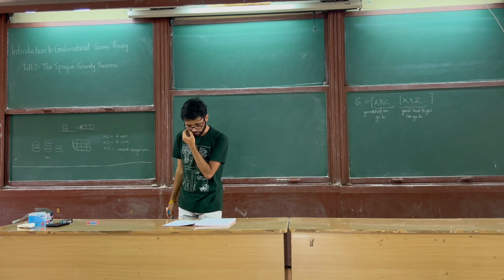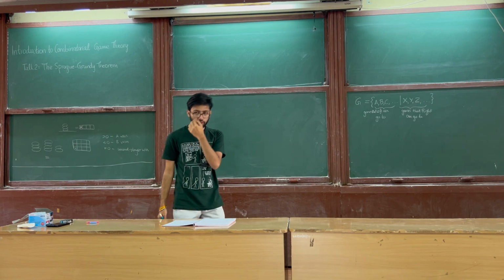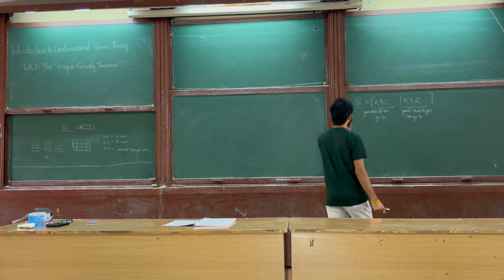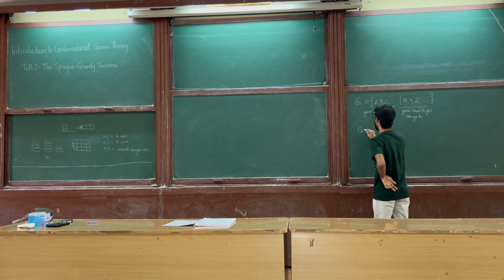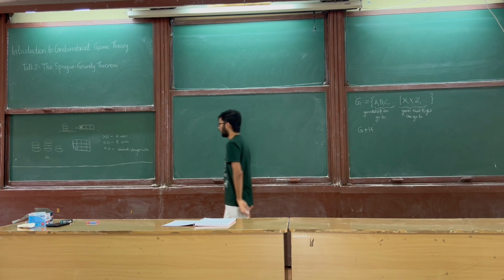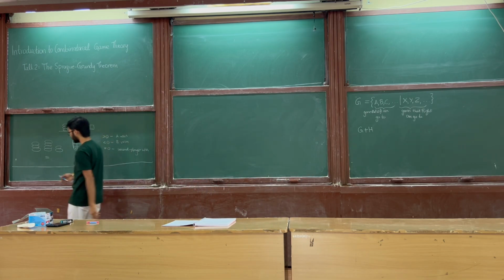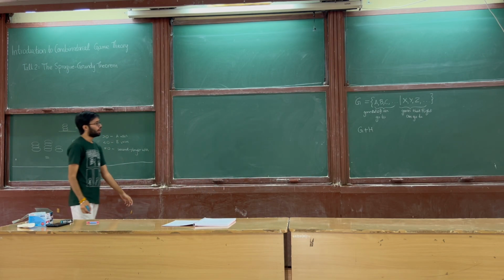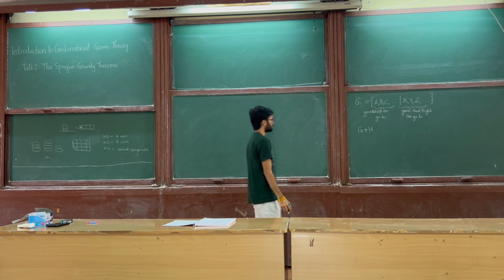But before examples, I want to introduce one more notion, which is the notion of sum. The notion of sum is very central to the subject, and the entire theory will revolve around it.